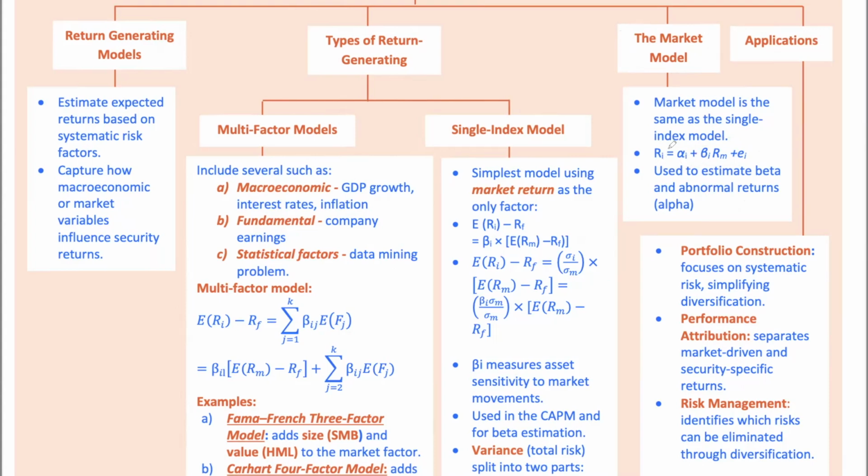Here's what we do. We grab some historical data, let's say Walmart's daily returns, and line it up against the S&P 500's daily returns. Then we run a simple regression to see the relationship between the two. That regression spits out two key numbers, alpha and beta.